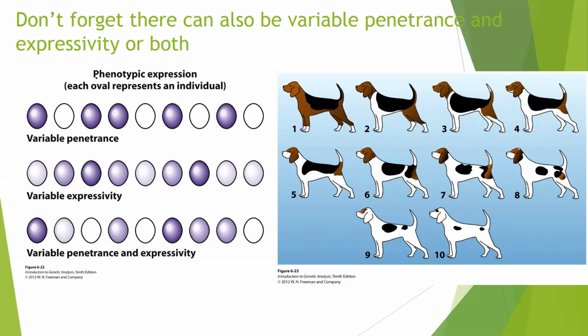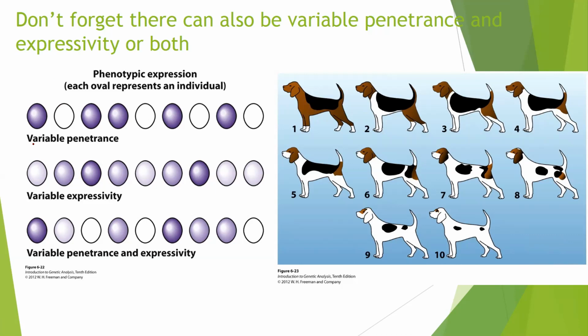If you change the environment in which you grow this individual, the association between the genotype and the phenotype may be destroyed.